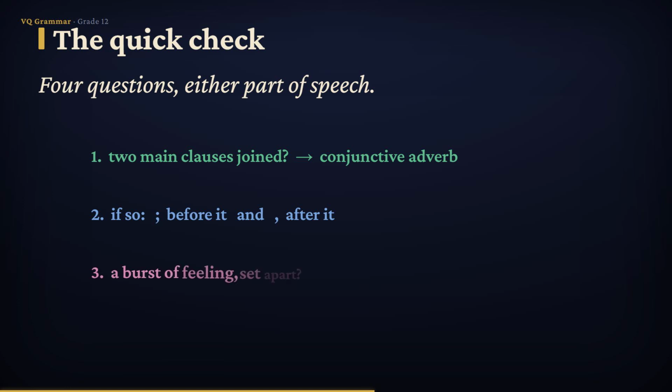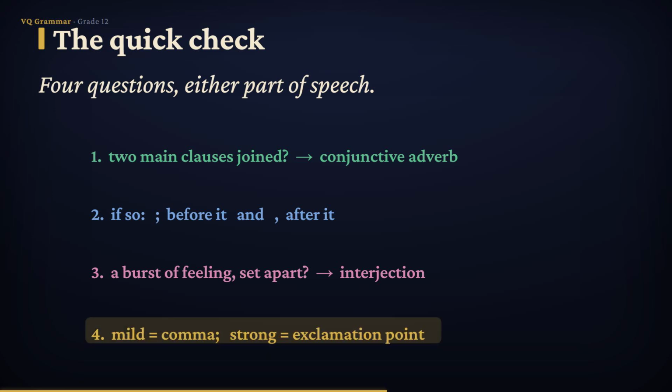Is there a word that simply bursts out with feeling and stands apart from the sentence? That's an interjection. And 4. If the feeling is mild, set it off with a comma. If it's strong, use an exclamation point. 4 quick questions, and you can handle both of these parts of speech with confidence.